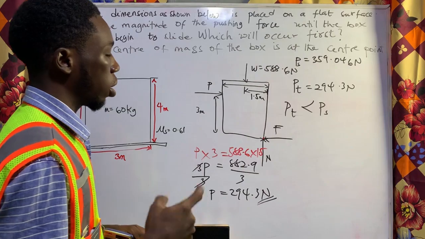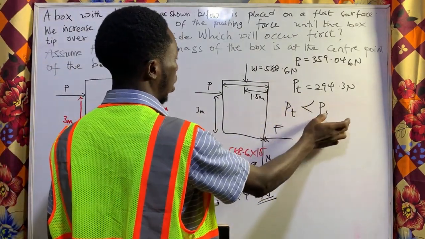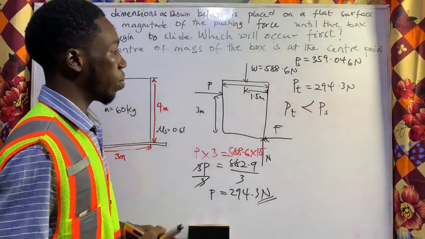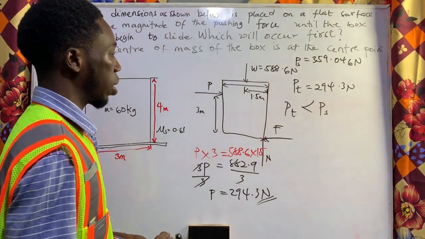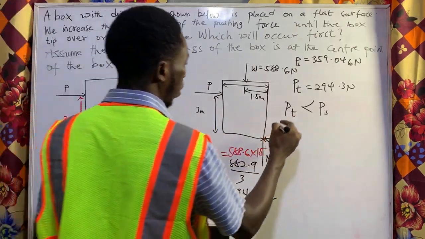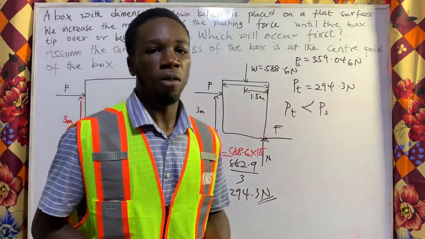So as we keep increasing the force, we are going to get to this value first before we get to this value. So that tells us that tipping is going to occur before sliding. If sliding will occur, then it will also occur. You get it? So now we can tell that within these two cases, the box is going to tip first. Okay, so that's how to go about this type of question.